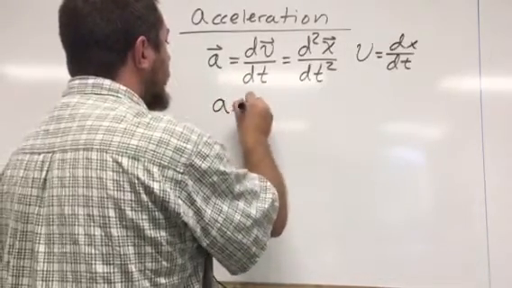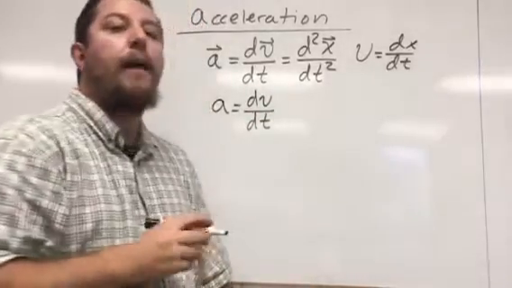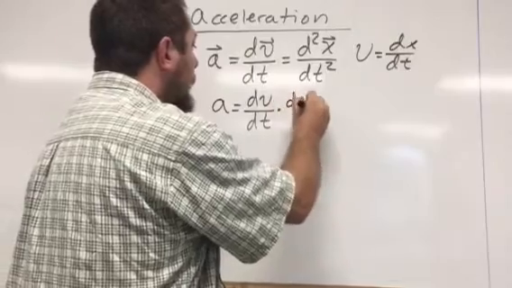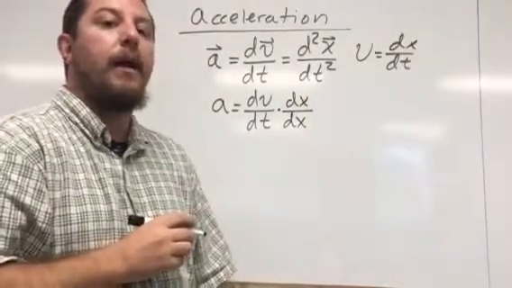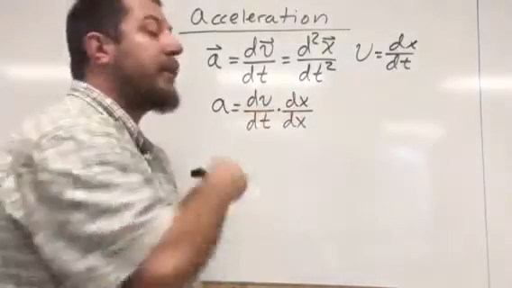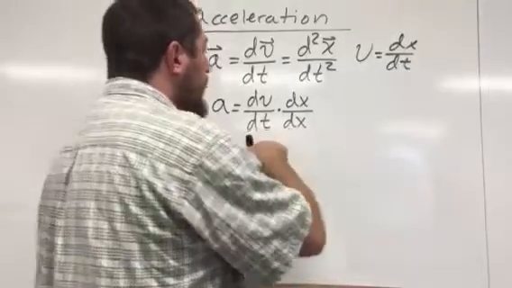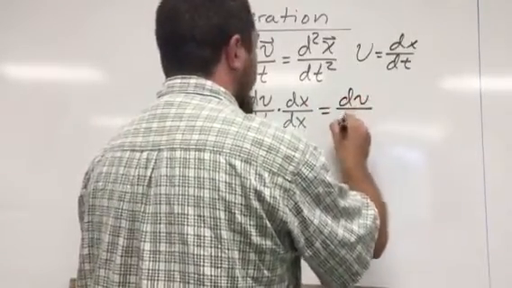Acceleration is equal to dv dt. But now I multiply the right side of my equation by 1, but in the form of dx over dx. And because I now have two fractions, I can multiply in any order. I'm going to rearrange the denominator, and so my denominator is going to look like this.